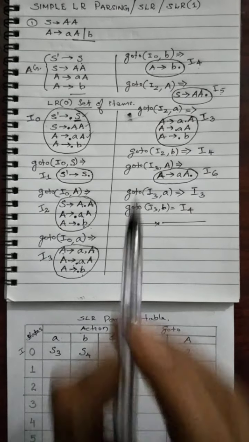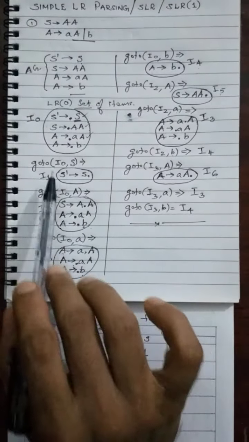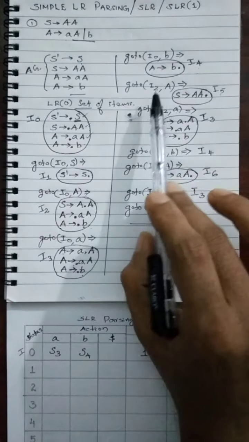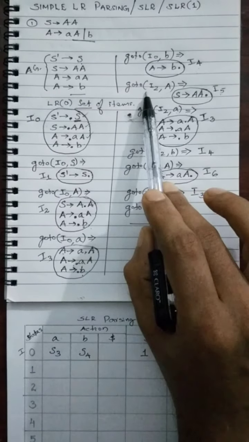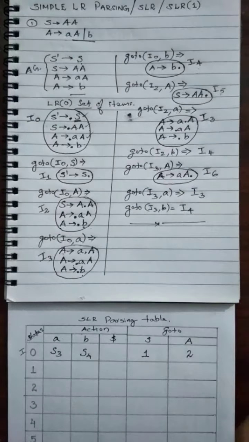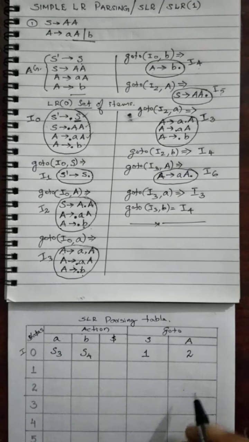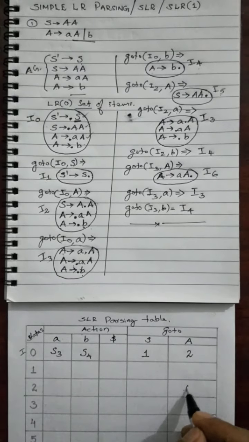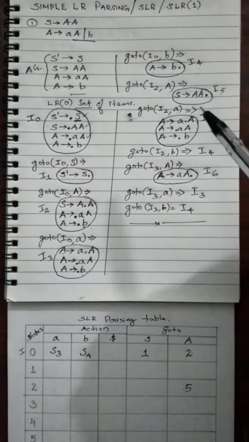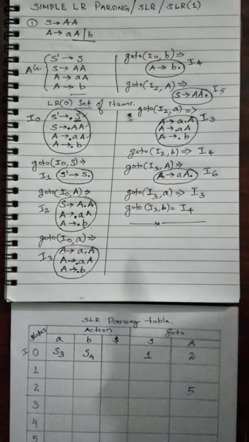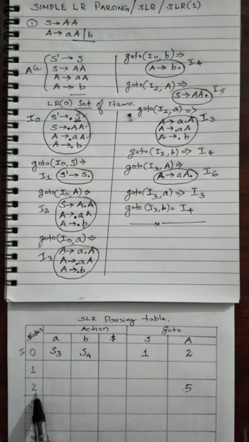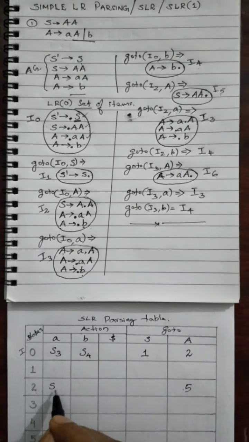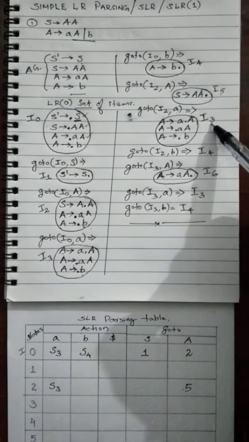Now from I1 there are no further transitions. Now from I2 with capital A, we are moving to I5, so state 5. Next I2 with small a, S3.